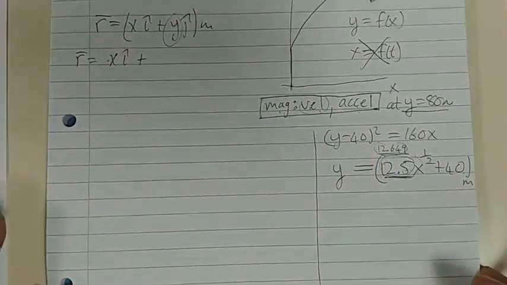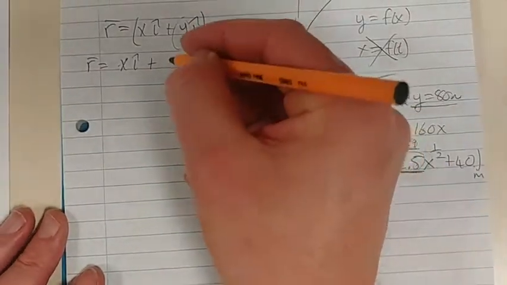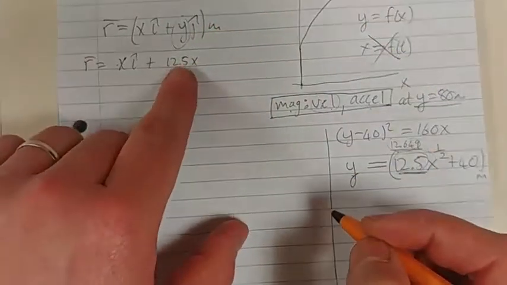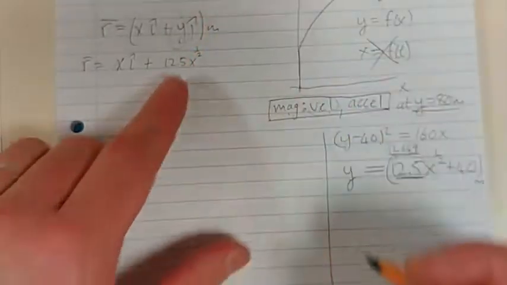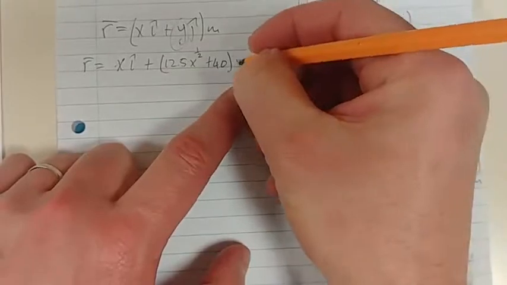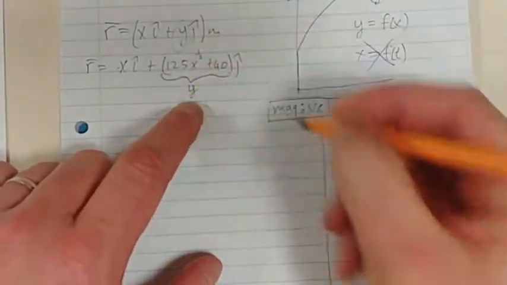Anyways, so this is my y value, 12.5. Remember, that's a mistake, but I'm using that value for the rest of the problem. y equals 12.5 x to the half plus 40, in meters. That is my y position.